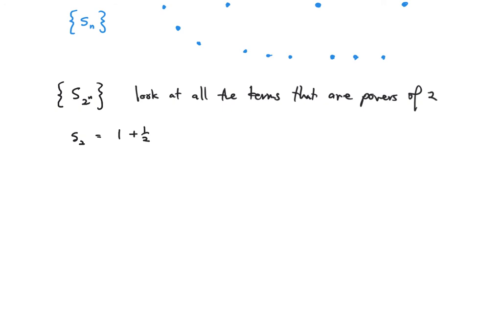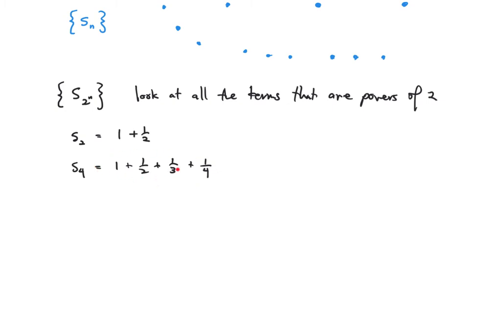Let's look at S4 next. S4 is 1 plus 1/2 plus 1/3 plus 1/4. What I'm going to do is compare this partial sum to something a little bit smaller than it.